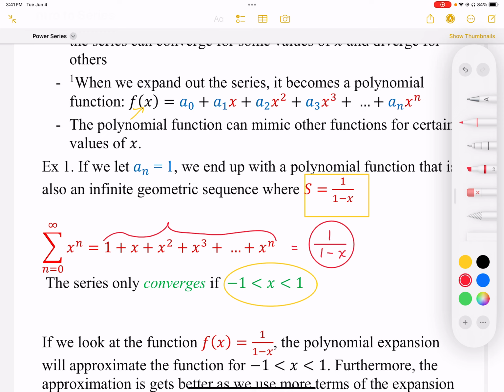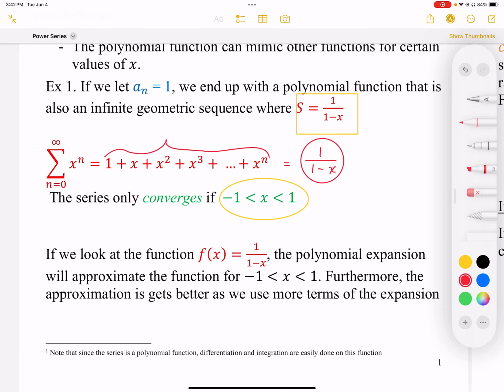The more terms I add to this polynomial, the closer and closer it gets to the function 1 over 1 minus x. And because n can go all the way to infinity, we can keep increasing n and get values closer and closer to the values that we're looking for.